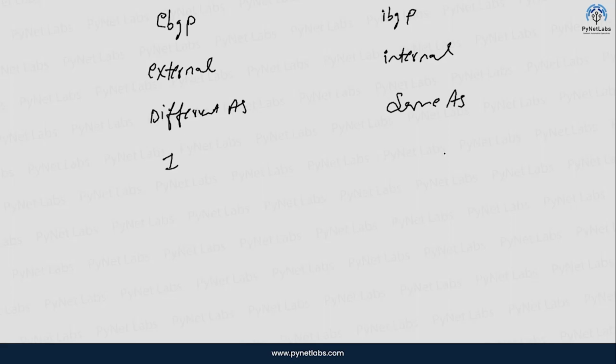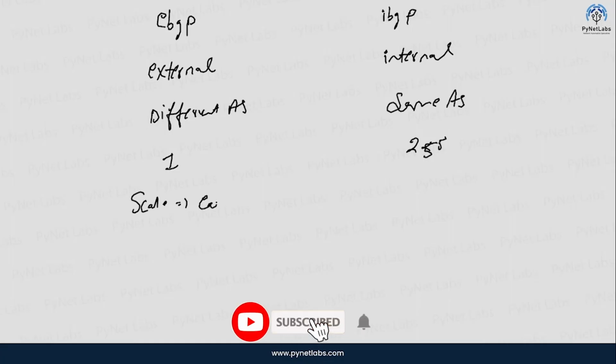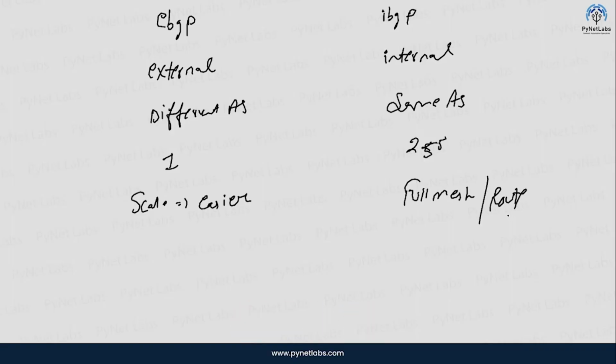Here the TTL value is 1 by default, here it is 255. And if I talk about scalability, eBGP is easier, but iBGP requires a full mesh topology or it requires a concept called route reflector. So this is all about iBGP and eBGP.